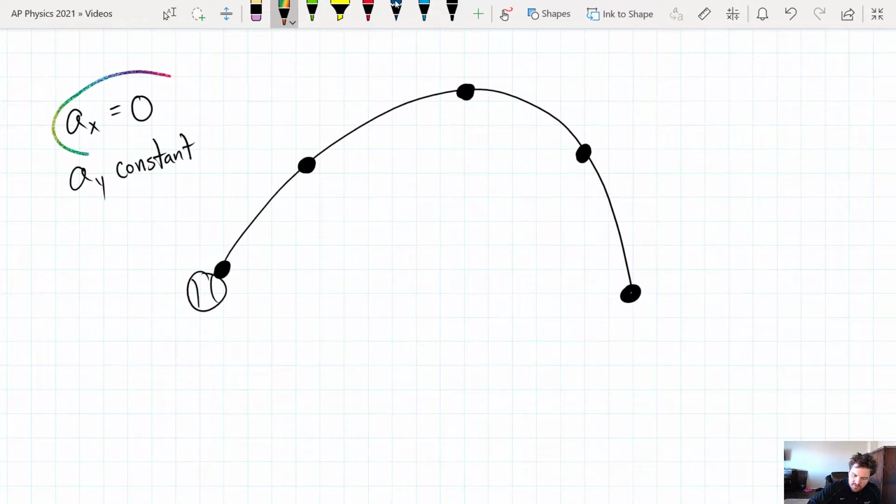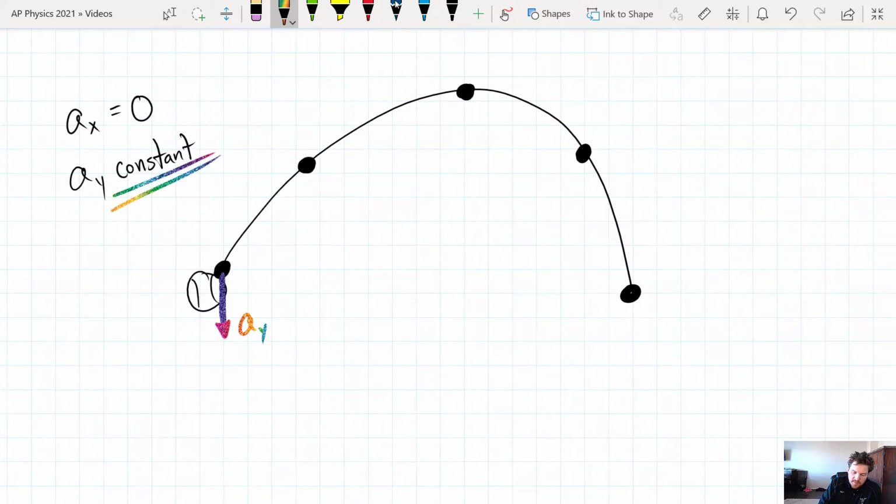Okay? So if I want to apply those rules and have them show up here visually, in the x direction, if this is 0, then I have no arrow to draw anywhere, right? That would be like an arrow with a length of 0, so it's just not there. So there's no horizontal vectors to draw. Vertically, I have an arrow going down. That is the acceleration in the y direction. This would be how much its velocity is changing by every time. And if it is constant, that means it never changes. So it's going to stay the exact same every single time, meaning the magnitude is always going to be the exact same.